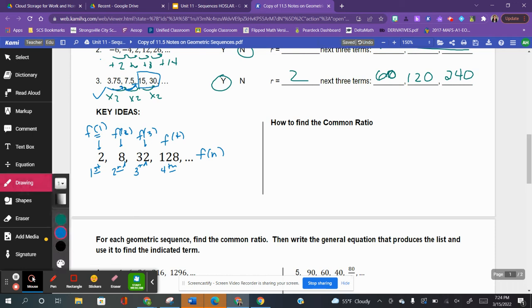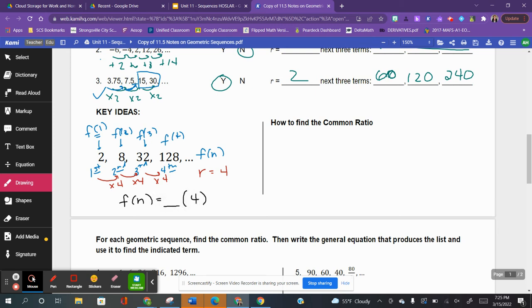Now, in this particular case, if I asked you to find the common ratio, it looks like I would be multiplying by 4 in order to go from one term to the next. And so my r value is 4. And so if I'm going to fill out this equation, which is f of n equals, I need an a value. I have my r value to the n. And in order to get this a value, I'm actually going to have to work backwards, right?